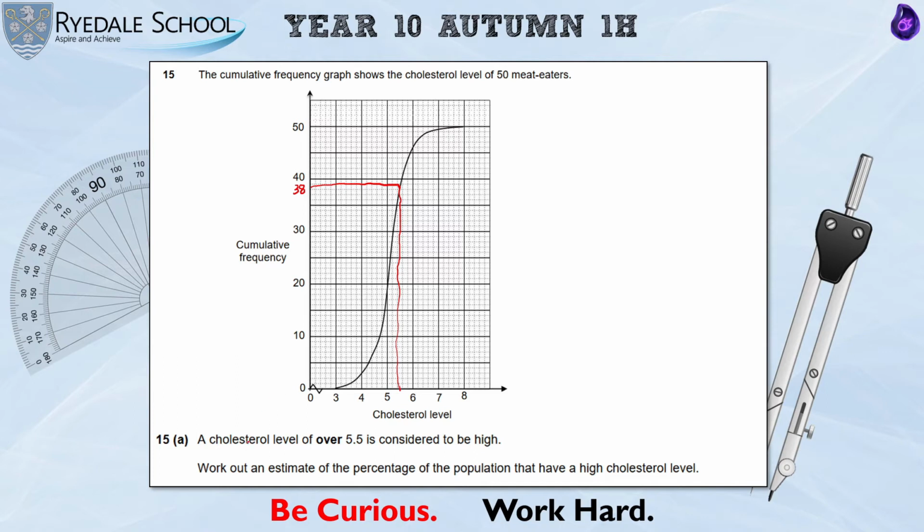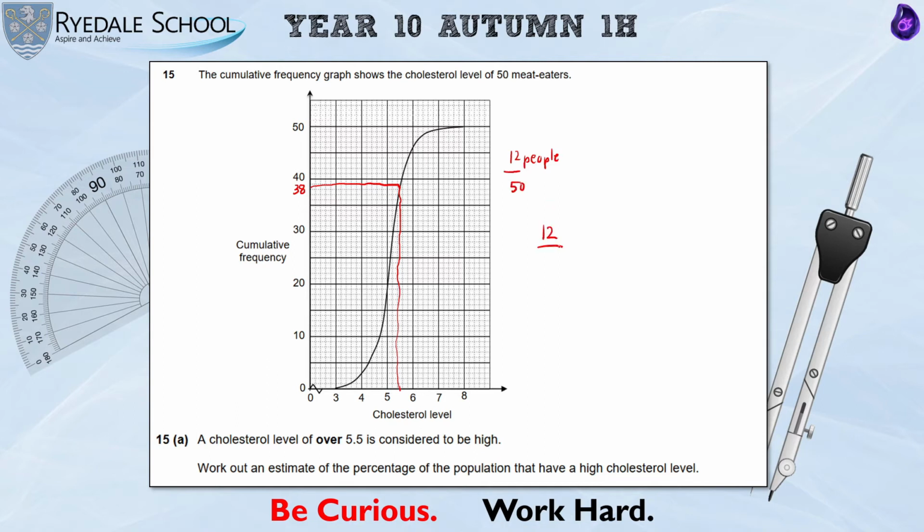However, it's saying a cholesterol level over 5.5 is considered high. Now, the 38 are all these people that are below 5.5. So we actually need the difference between 50 and 38, which is 12 people. But 12 people out of 50 is not a percentage.